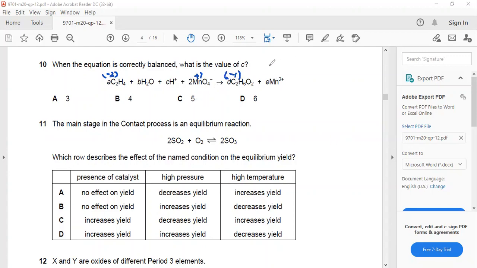Even if you don't know this, you can do this question very quickly if you know the basic rule. Remember, the basic rule is how to balance the equation by oxidation number.